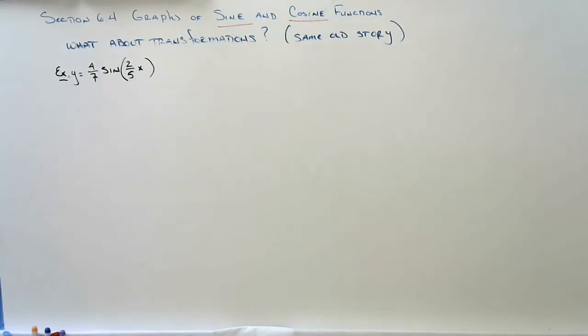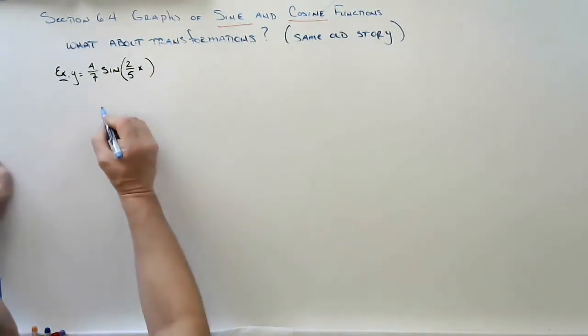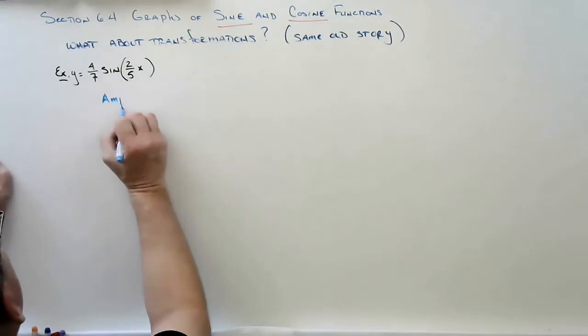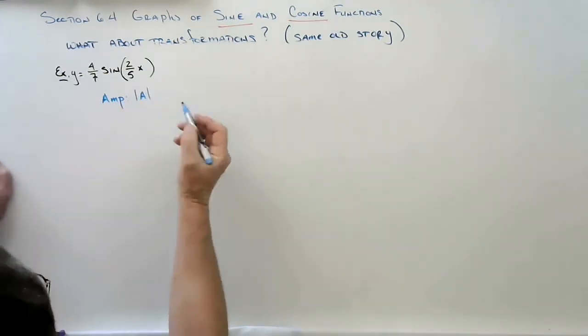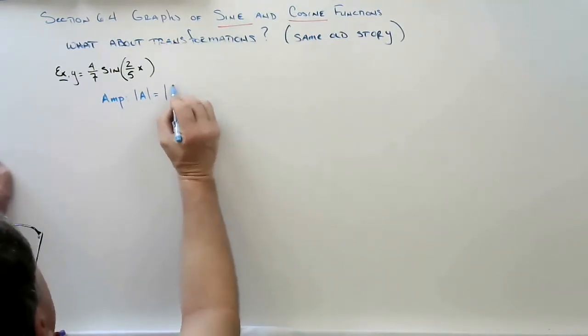But the thing you're going to come to realize pretty quickly when you graph sine and cosine is there isn't really a bad. No matter how ugly the numbers become, there's not really a bad, because you go, okay, what's my amplitude? Absolute value of A, right? You write that every time. That's going to be the absolute value.